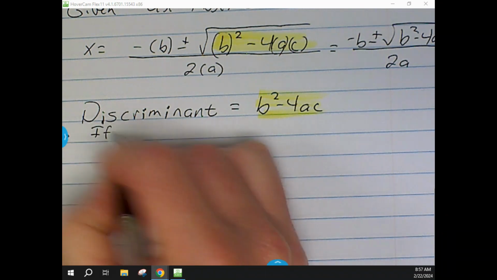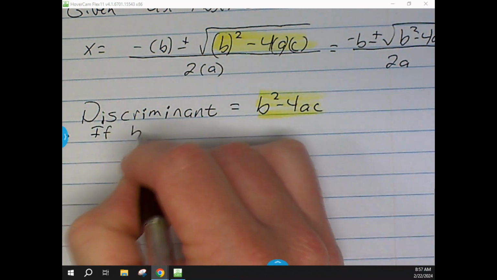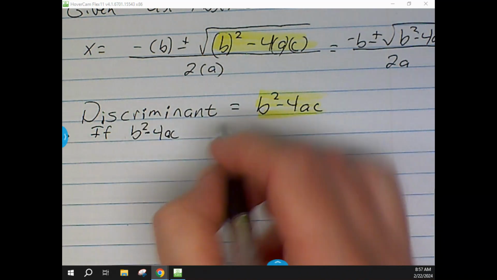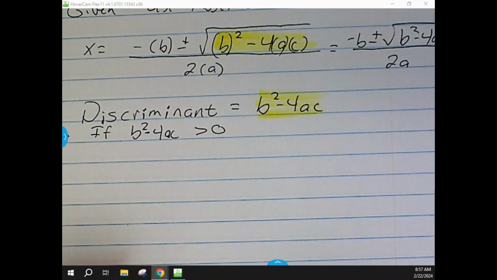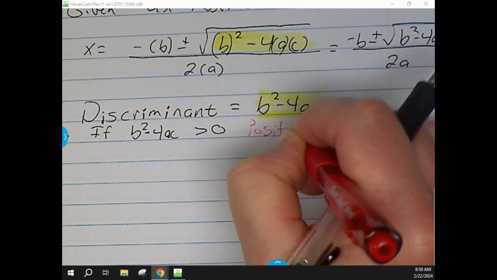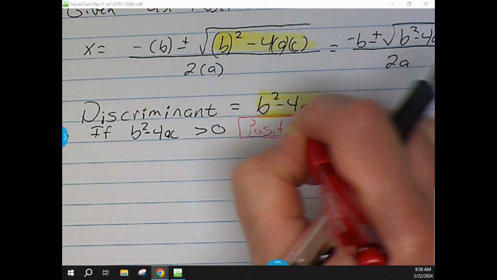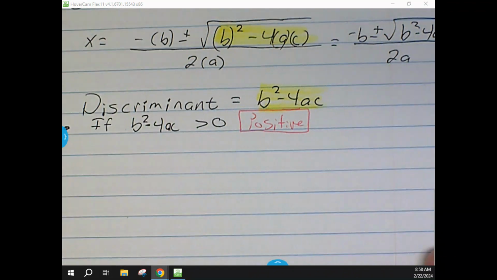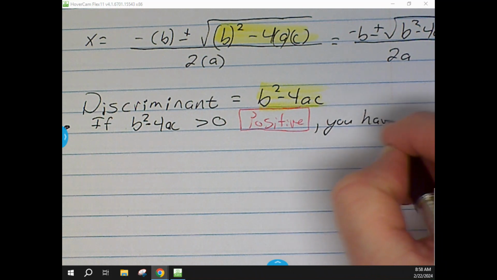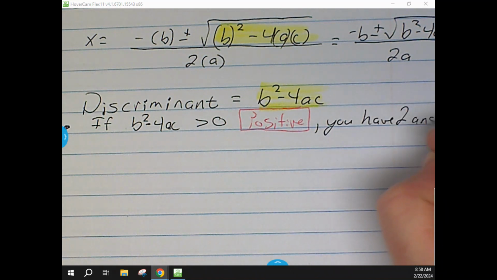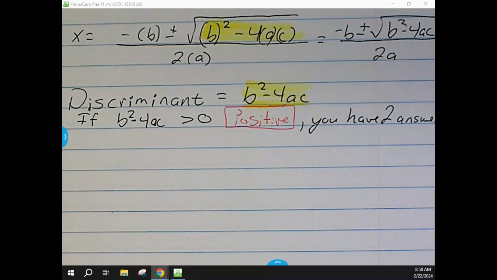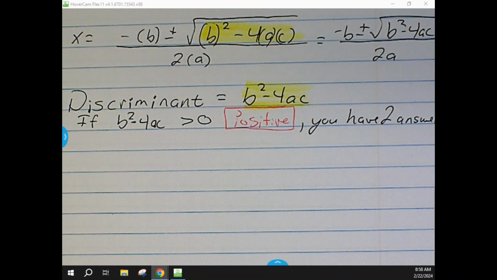If b squared minus 4ac is greater than 0, which basically means if b squared minus 4ac is positive, you have 2 answers.